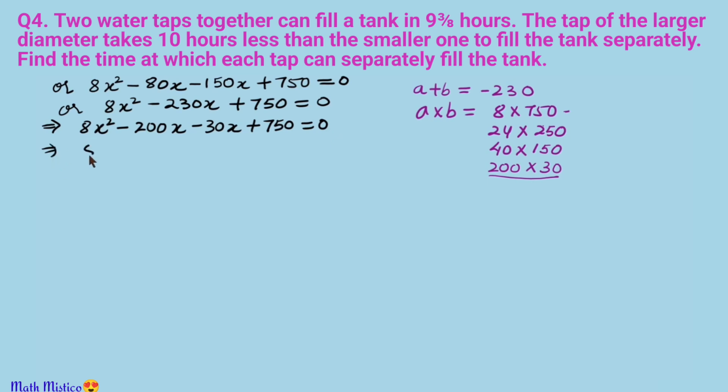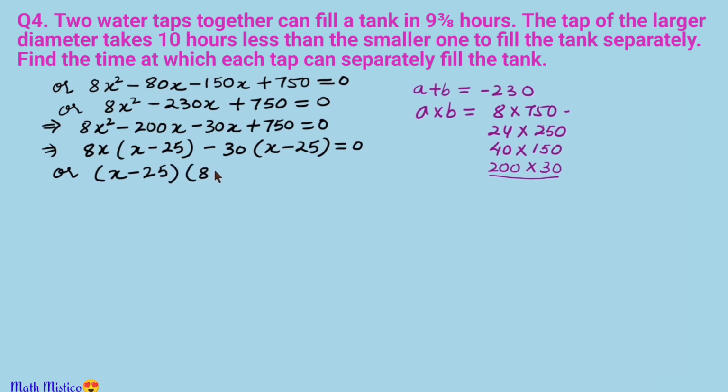Taking 8x common, x minus 25 left in the brackets, minus 30 common, x minus 25 is equal to 0, or x minus 25 into 8x minus 30 is equal to 0. So from first we get x equal to 25, and from the second 8x equal to 30, which gives x equal to 30 upon 8 or 15 upon 4.